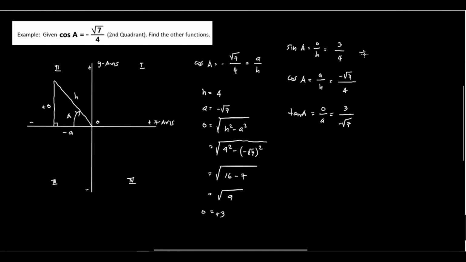And the reciprocal of sine A is cosecant A, which is h over O, and h is 4, O is positive 3.